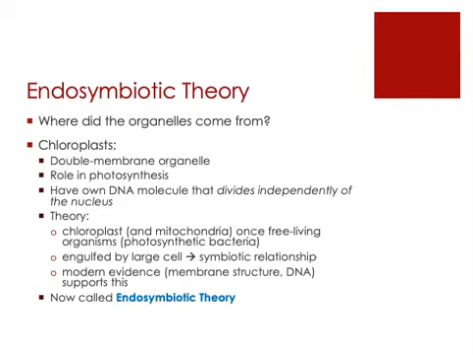And that's where the endosymbiotic theory comes in. We believe that both the chloroplast and the mitochondria were once free-living, single-celled organisms. They were essentially an early form of what we now call bacteria. So sort of a pre-prokaryote organism.